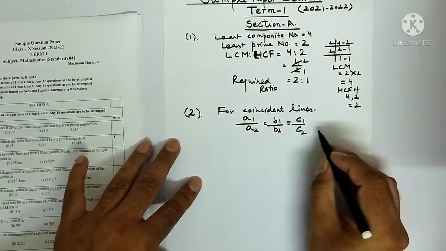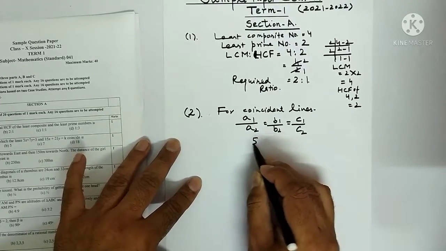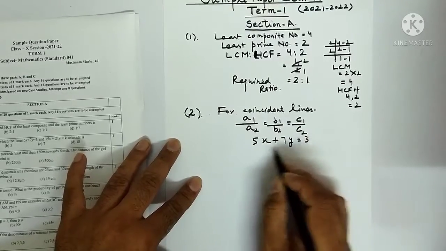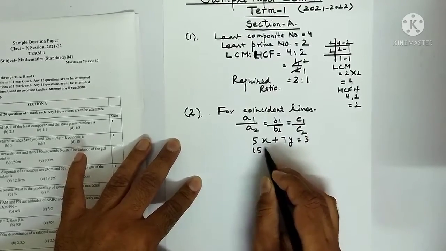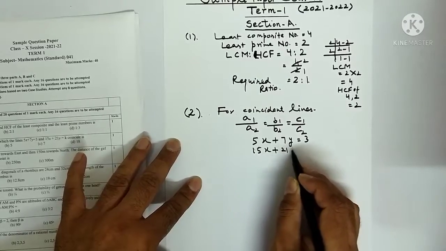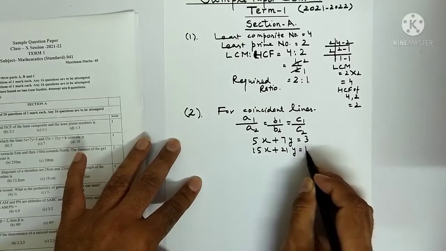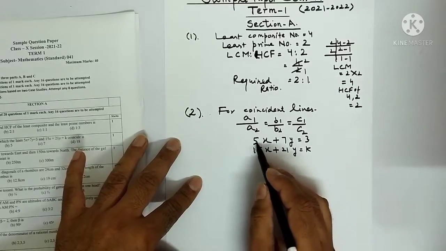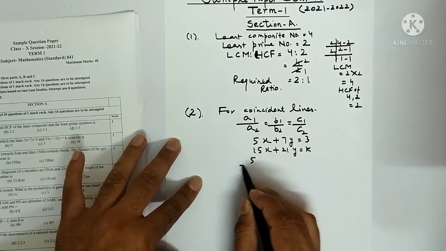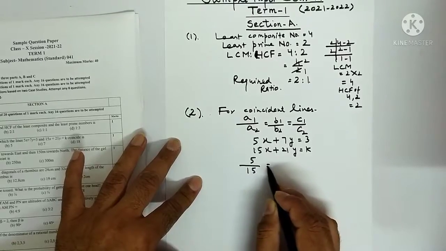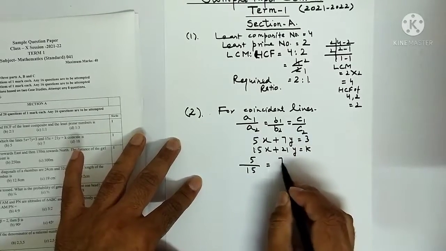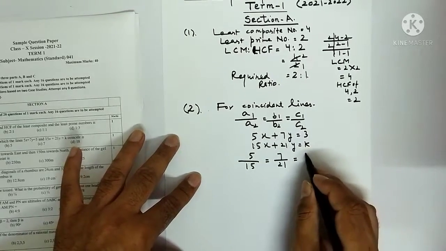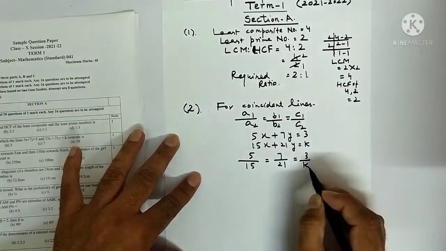Now what are the lines here? The lines are 5x plus 7y is equal to 3 and 15x plus 21y is equal to k. So A1 upon A2 is 5 upon 15, equal to B1 upon B2, 7 upon 21, equal to C1 upon C2, which is 3 over k.